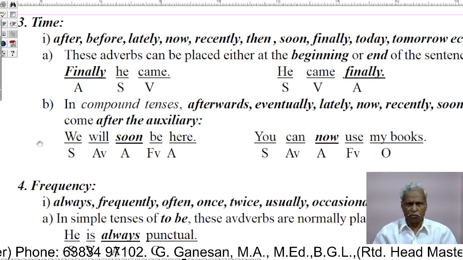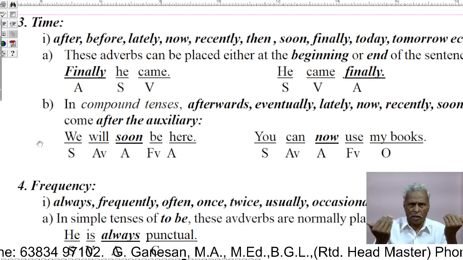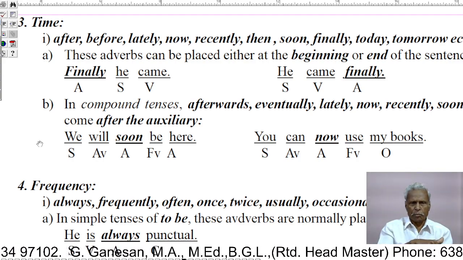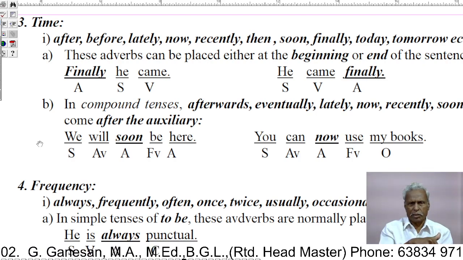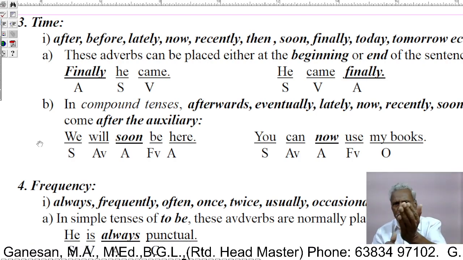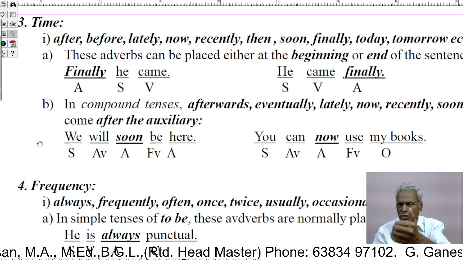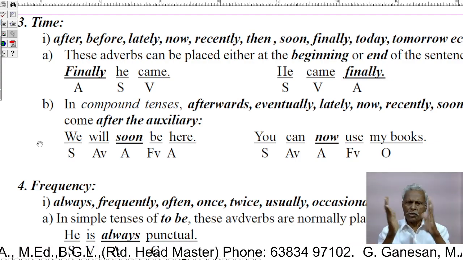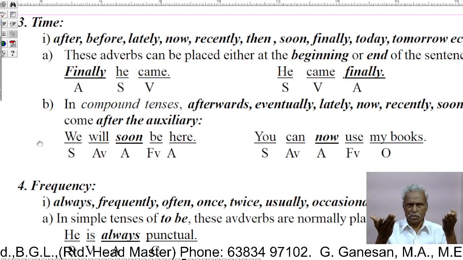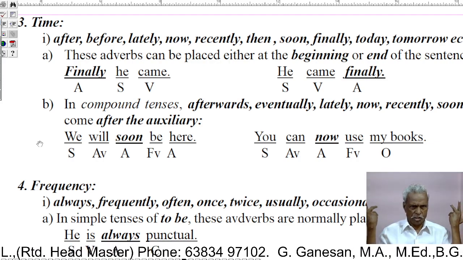They can be placed in any way. Example: finally he came, with the adverb at the beginning of the sentence. He came finally, with the adverb at the end of the sentence. The adverbs like after, before, today, later, tomorrow, etc. can be placed like this.